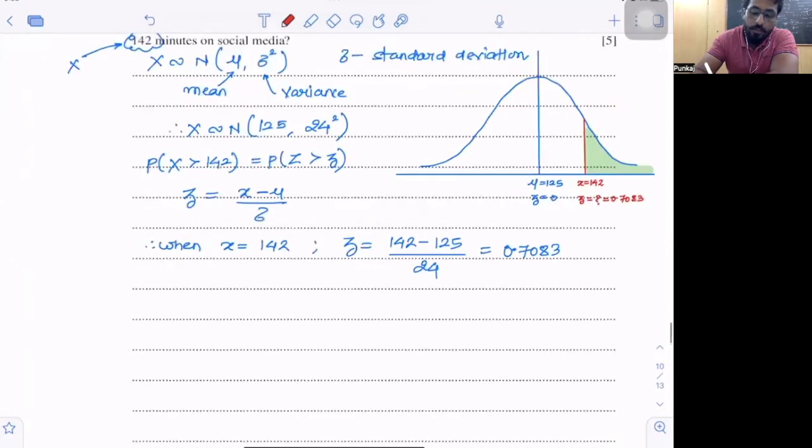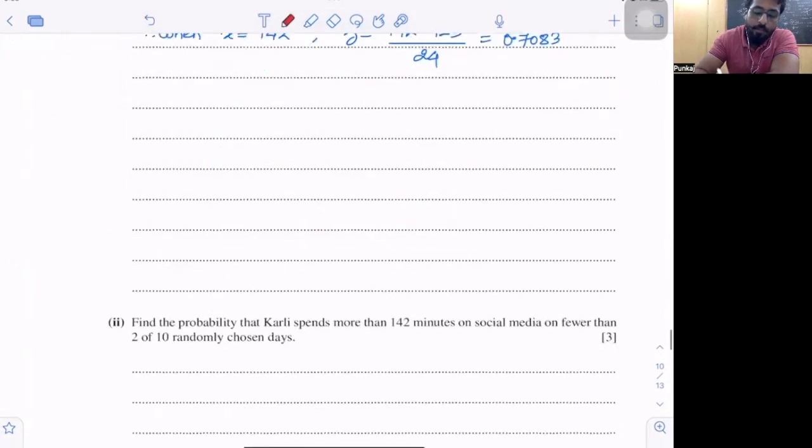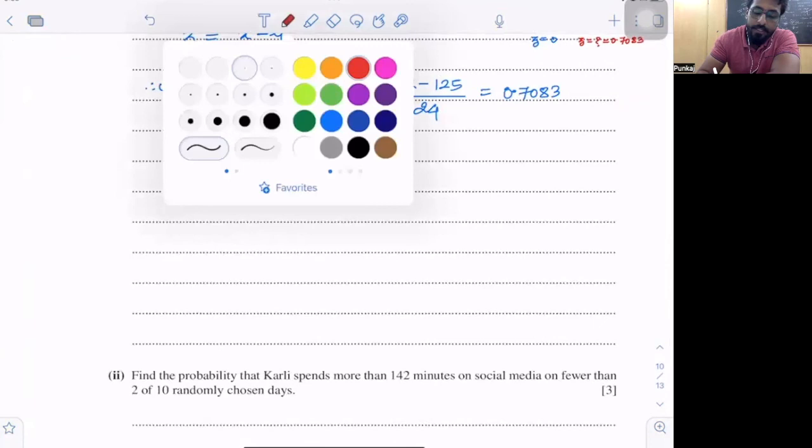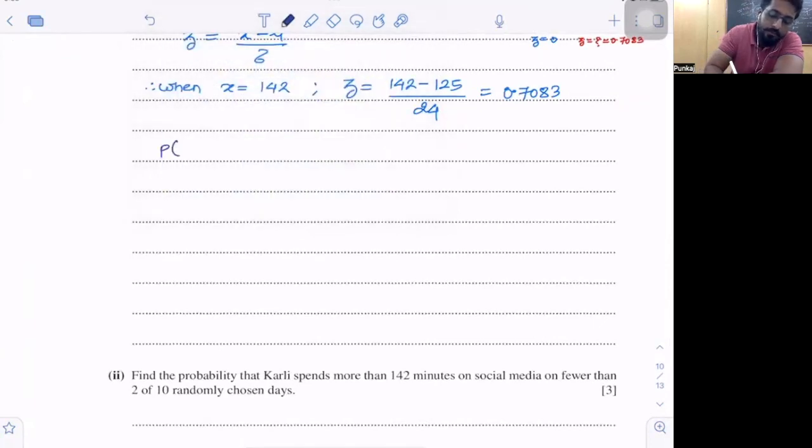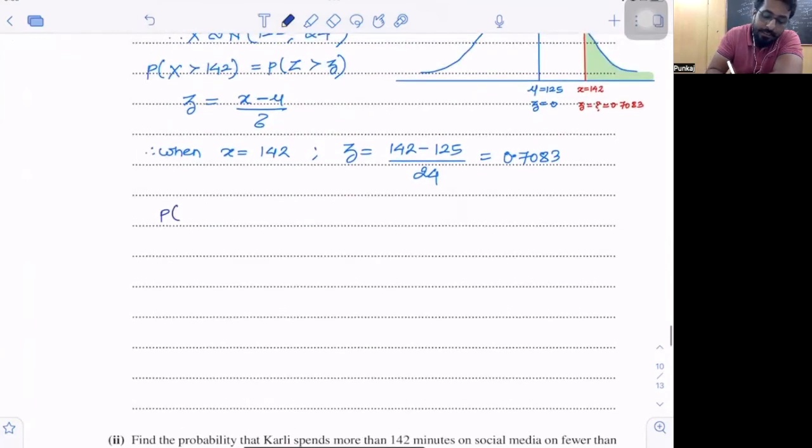Now we are finding the probability of z greater than 0.7083. When I say x is greater than 142, it means z is greater than 0.7083, right?